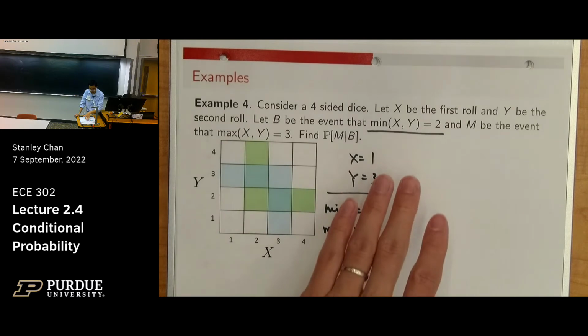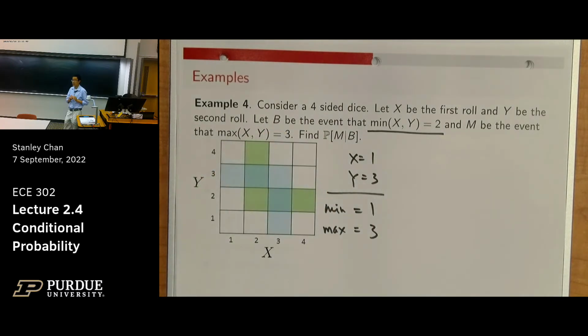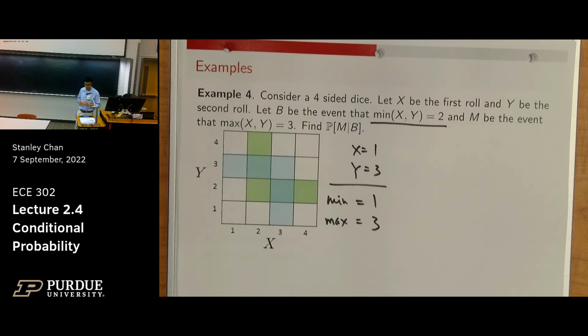All right, so now I'm looking at this event B. Event B is the event that the minimum is equal to 2. What are the outcomes that can lead you to this event? Bottom left corner.